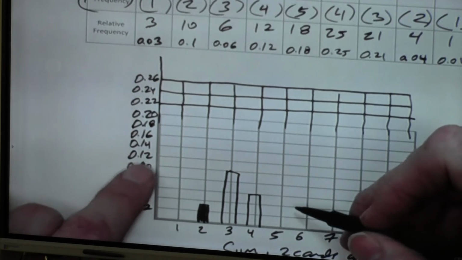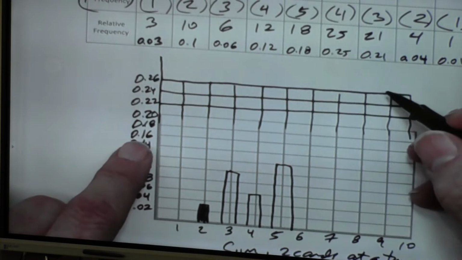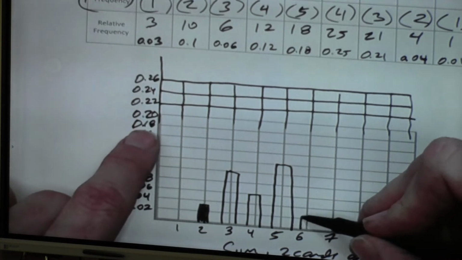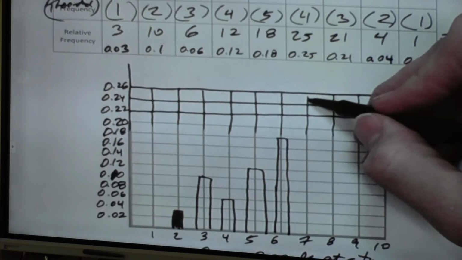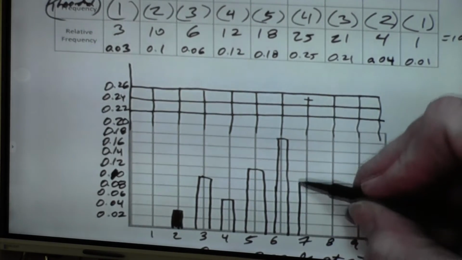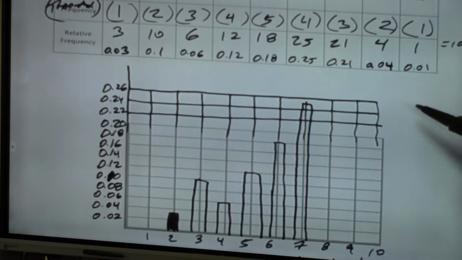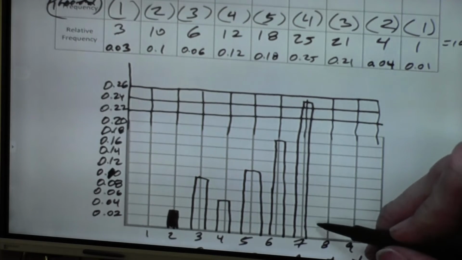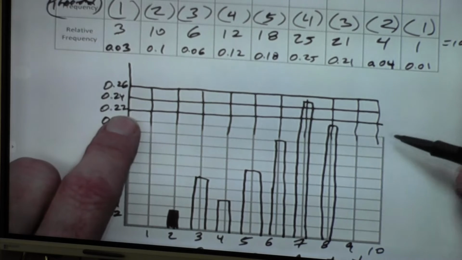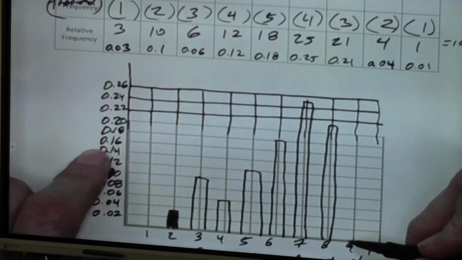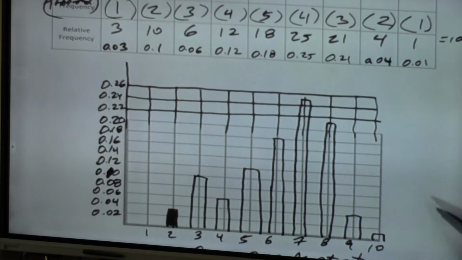Number 5 is at 0.12. 6 is at 0.18, way up here. Not as high as 7, which is going all the way up to 0.25. And then 8 is 0.21. And 9 is 0.04. And 10 is really small.